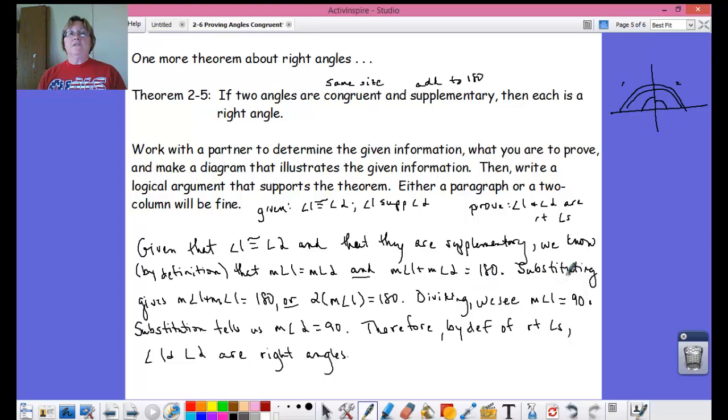Substituting, or using the substitution property, would give us this, that the measure of angle 1 plus itself is 180, or twice the measure of angle 1 is 180. Dividing by 2 tells us that the measure of angle 1 must be 90. Again, substitution, since 1 and 2 have the same measure, angle 2 is also 90. Therefore, because right angles have 90 degrees, angles 1 and 2 must be right angles.